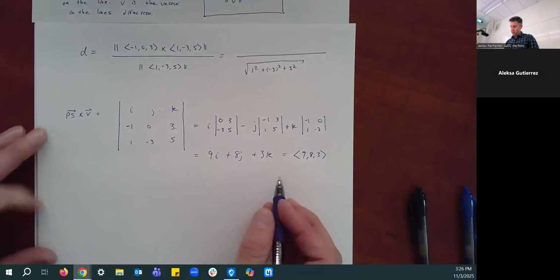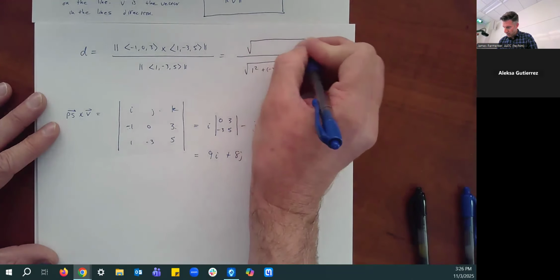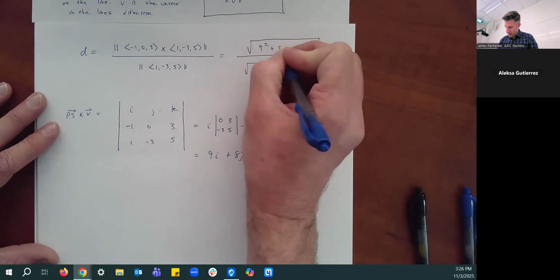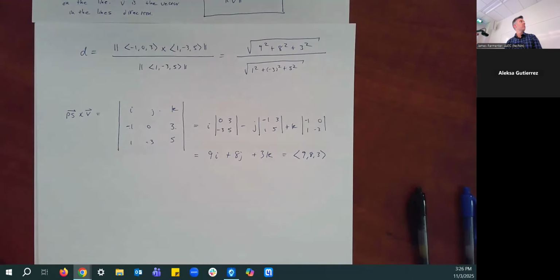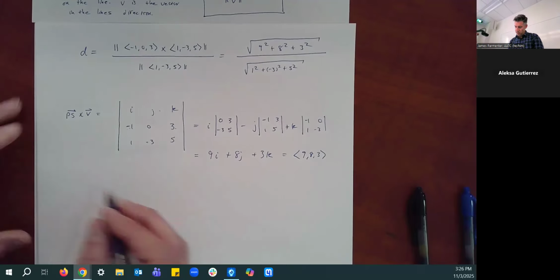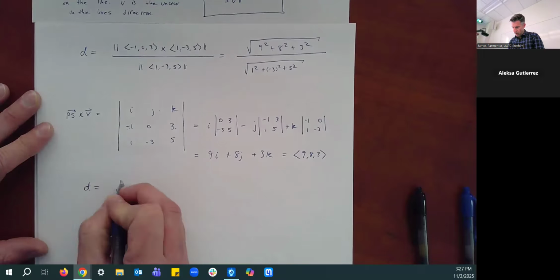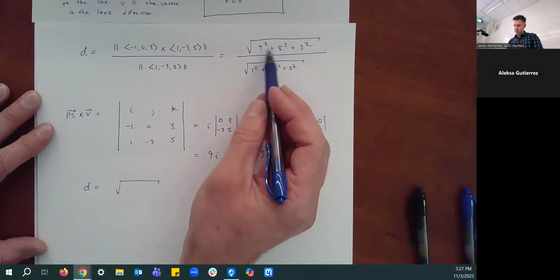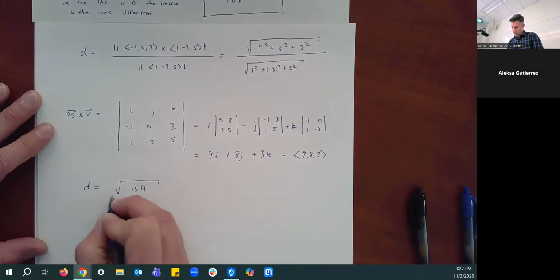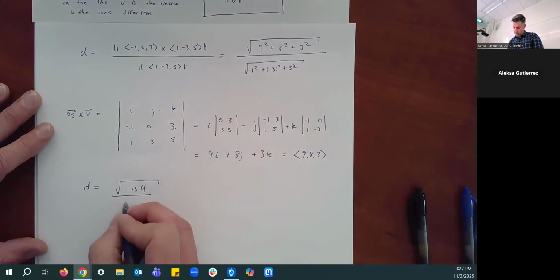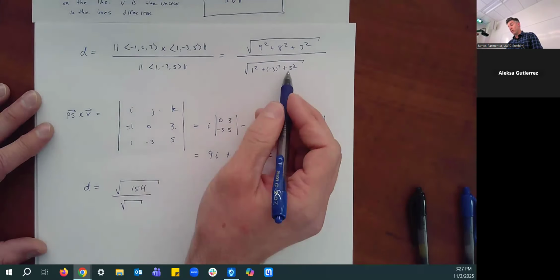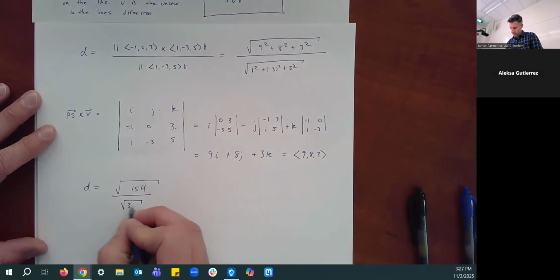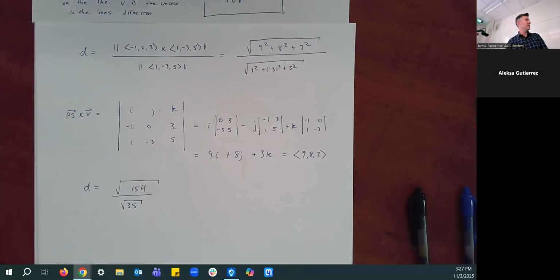Then the magnitude of that vector is the square root of 9 squared plus 8 squared plus 3 squared. Not very nice numbers, but a totally fine process. We could simplify that if we really wanted to. Our distance is going to equal the square root of 81 plus 64 plus 9, which is 154, over the square root of 1 plus 9 plus 25, which is 35. So there's our gross distance.